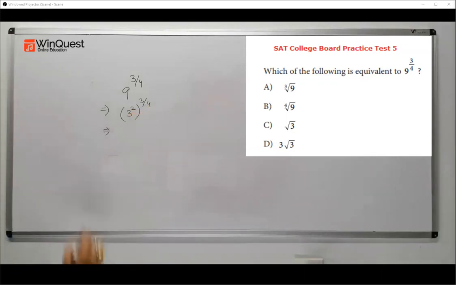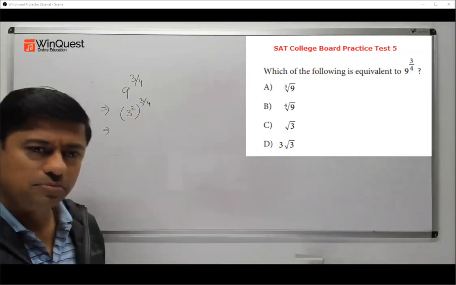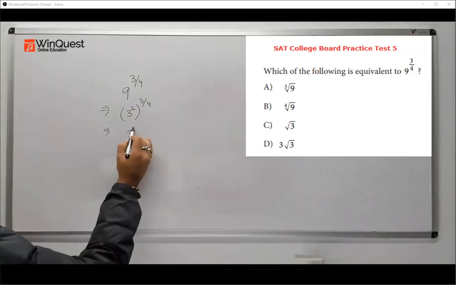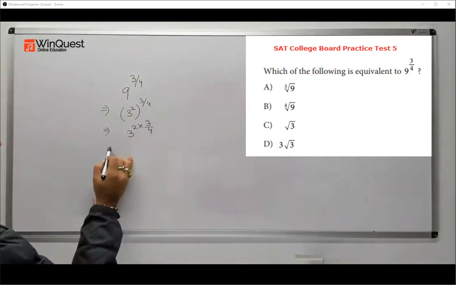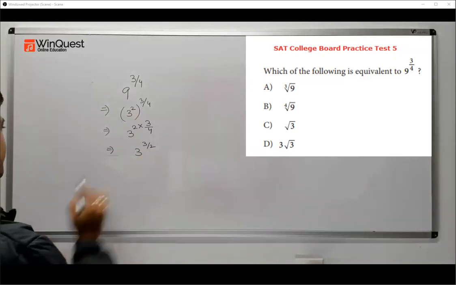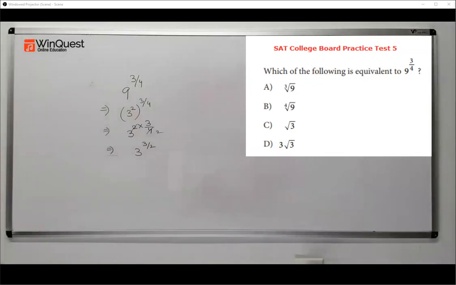Is that okay? Yes, sir. 9 can be written as 3 square, right? Yes, sir. This becomes 2 multiplied by 3 by 4. Does it become 3 by 2 at the top? Yes. Are we clear till this point?